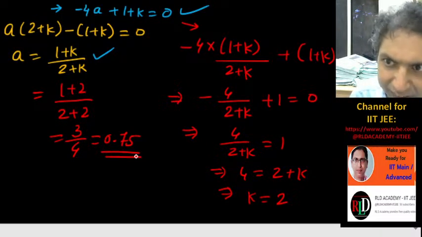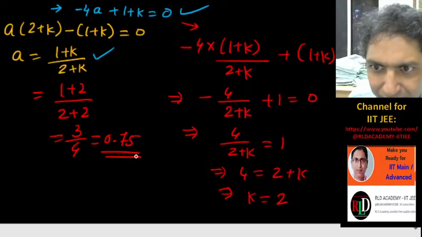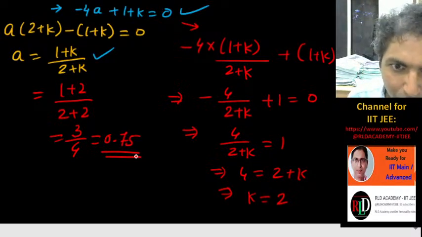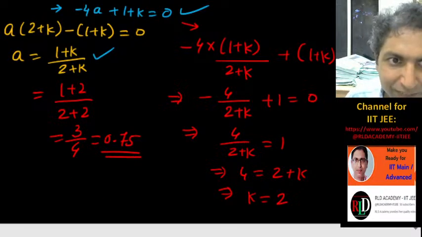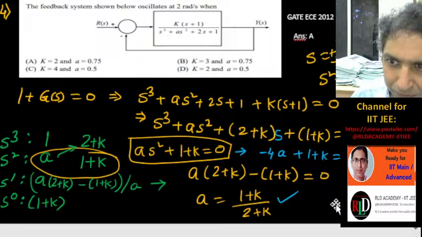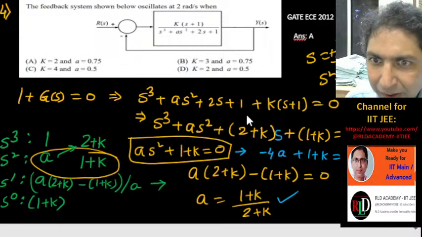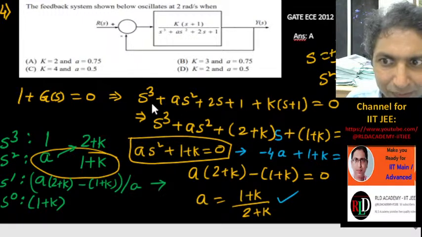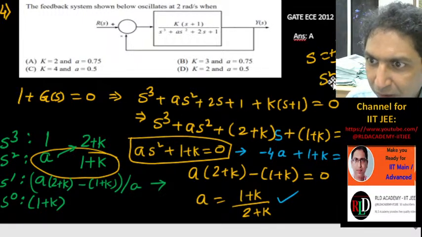We can use Routh-Hurwitz criteria and we can solve these things. So this is one way. Another way is that in this above equation, we can replace s equals to plus minus j2.